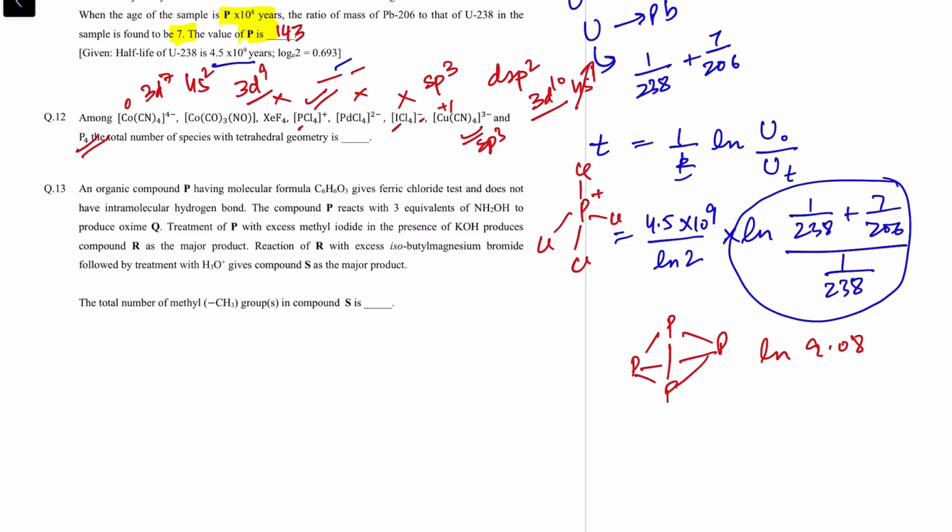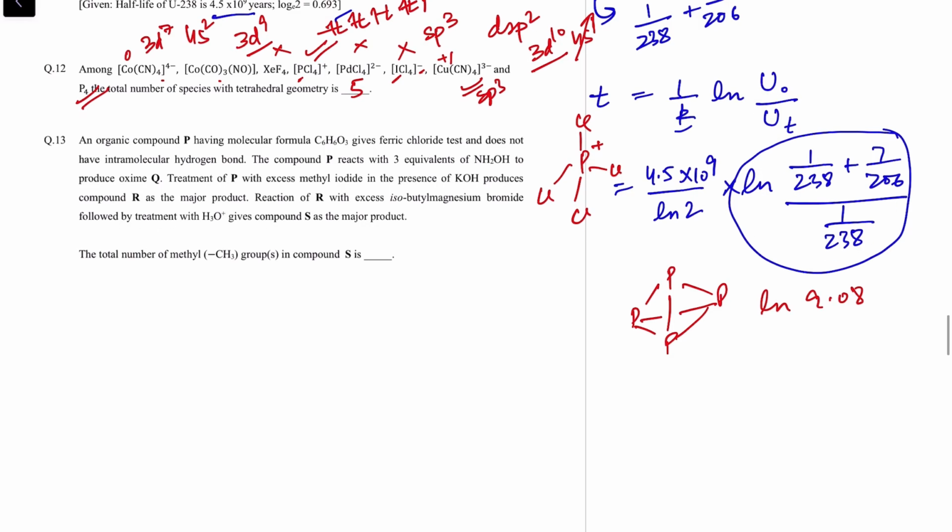So we do not have any d orbital available for hybridization. So both of these would undergo sp3 hybridization. So the total number of species that would be tetrahedral would be 5.